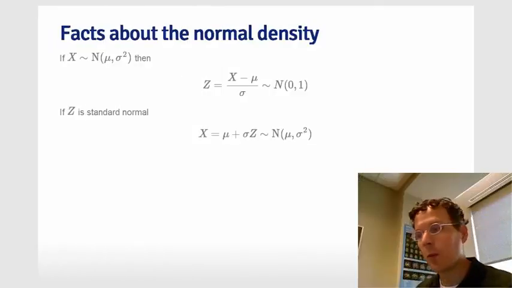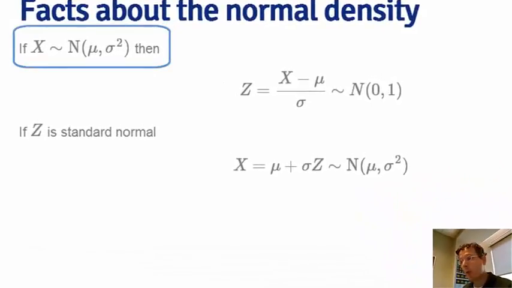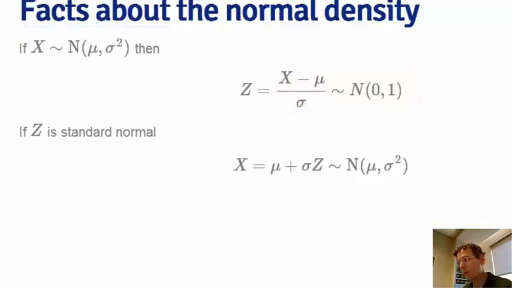Let's go over some simple rules for moving between standard and non-standard normals. So if x is normal with mean mu and variance sigma squared, then if we convert the units of x to standard deviations from the mean, in other words, subtract off the mean mu and divide by the standard deviation sigma, the resulting random variable z is a standard normal.